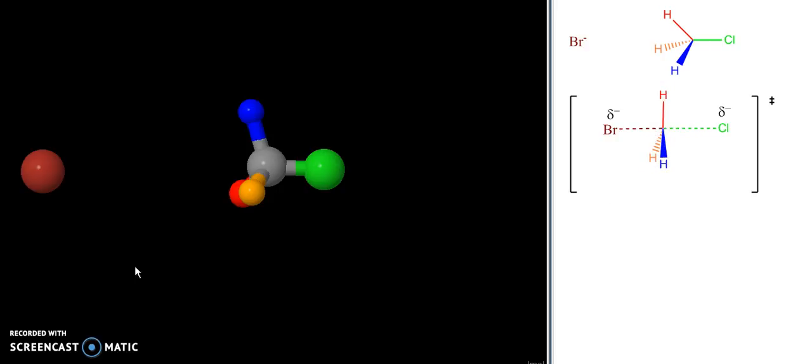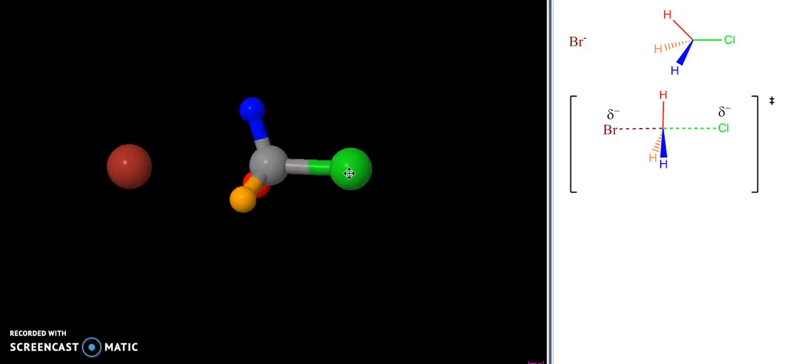And we can look at that in our three-dimensional model like this, showing that the bromine starts to get closer to the carbon center. The chlorine starts to get further away from the carbon center like this as the bromine comes in.